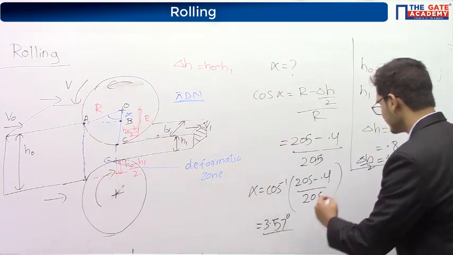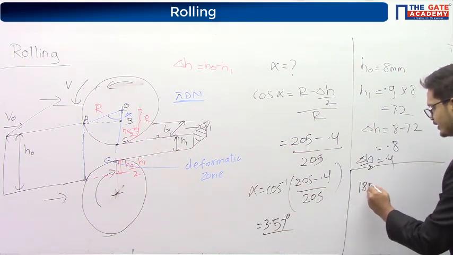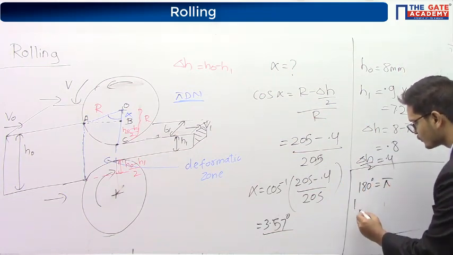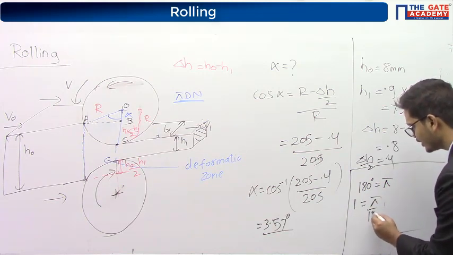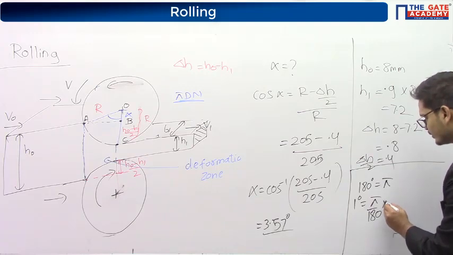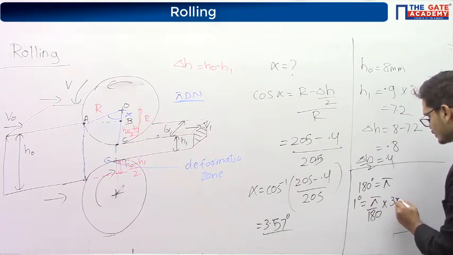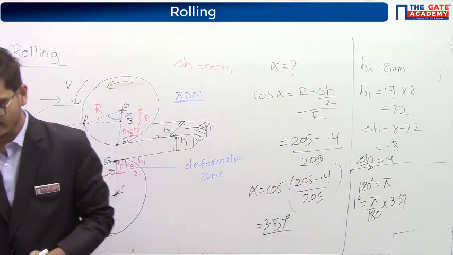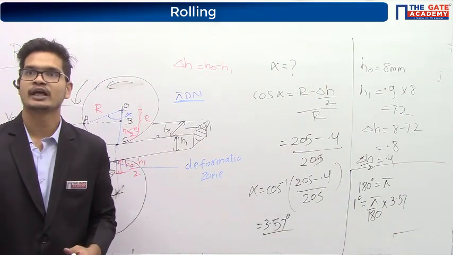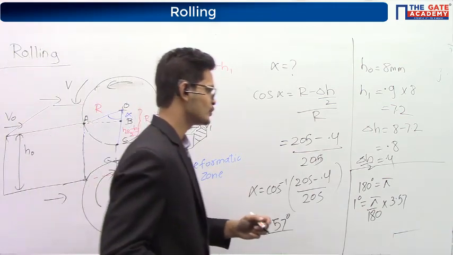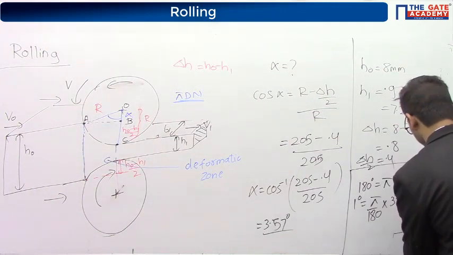So how do we convert? 180 degrees is equal to pi radians, so 1 degree is equal to pi by 180. So 3.57 degrees will be pi by 180 into 3.57, and the answer will be 0.062.